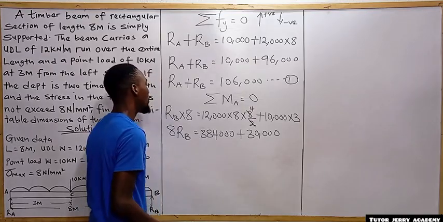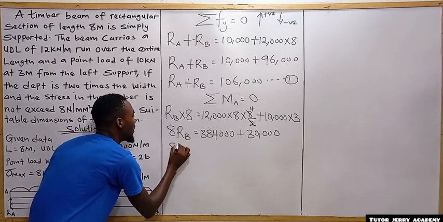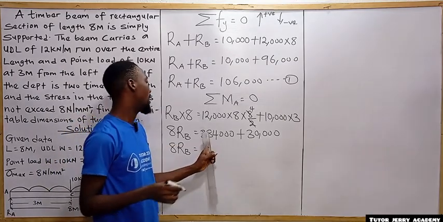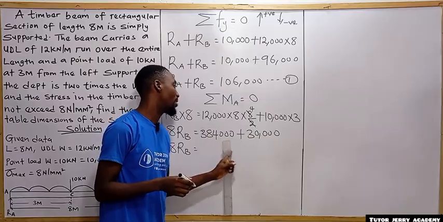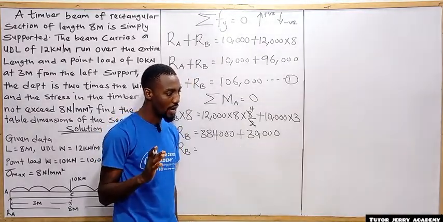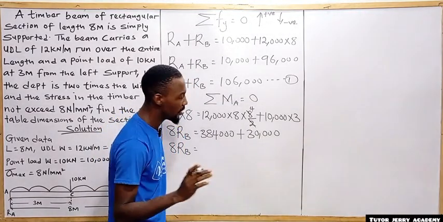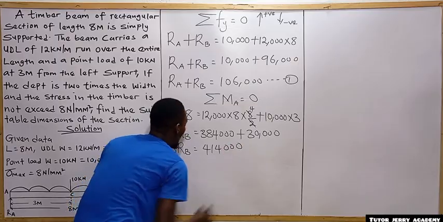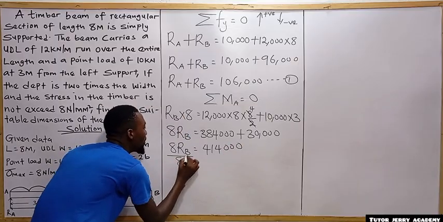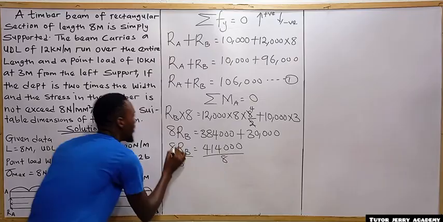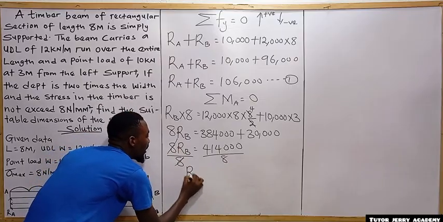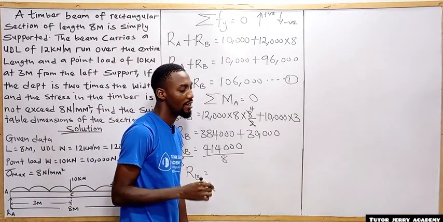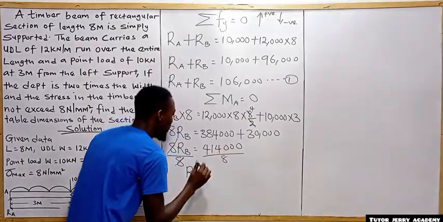If you sum 384,000 plus 30,000, you get 414,000. To get RB, we divide both sides by 8. So our reaction at B will be equal to 51,750 Newton.